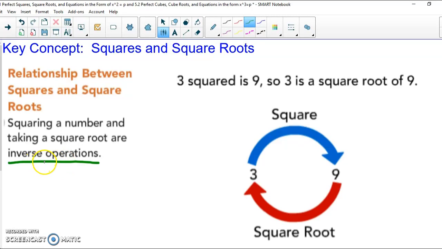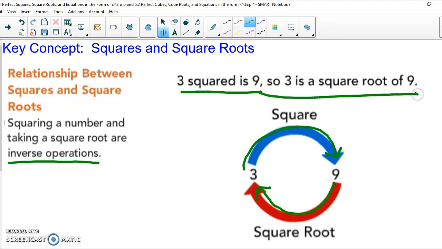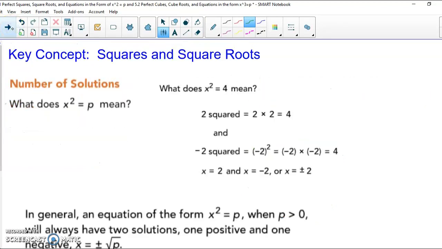In the same way as addition and subtraction are inverse and they undo each other, and the same way that multiplication and division are inverse operations and they will undo each other, so will squaring a number and taking the square root. So when we say 3 squared is 9, that's squaring the number. And when we say the square root of 9 is 3, that's taking us back around full circle. So let's look at how we're actually going to use this mathematically.